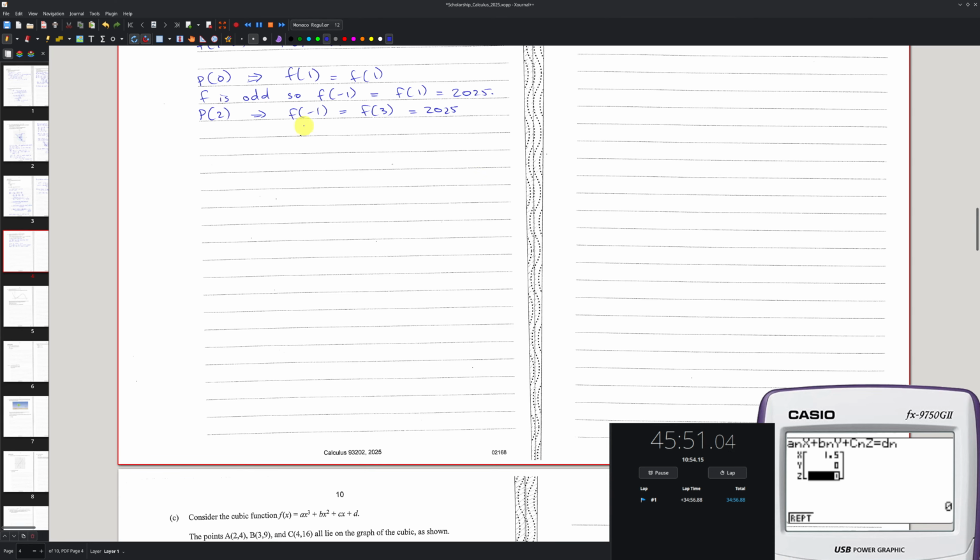Wait, so you go like negative 1 to 3 to negative 3 to 5 to negative 5.